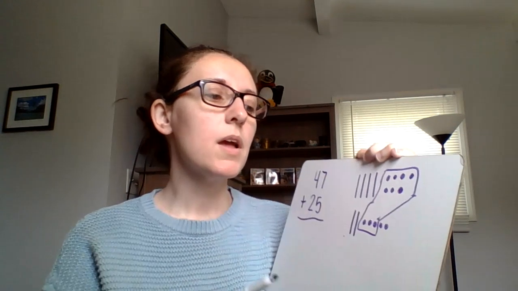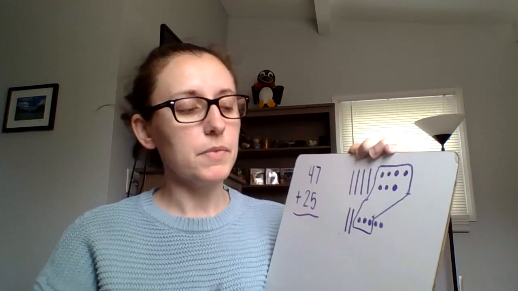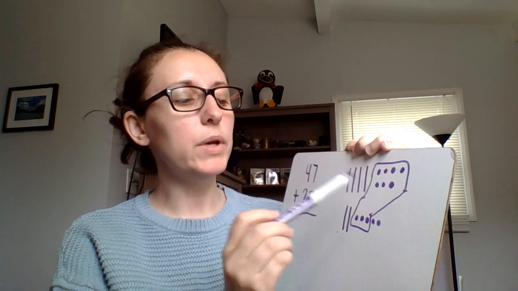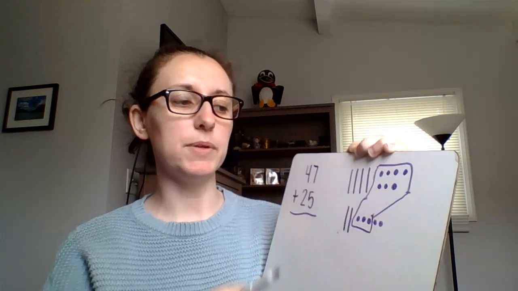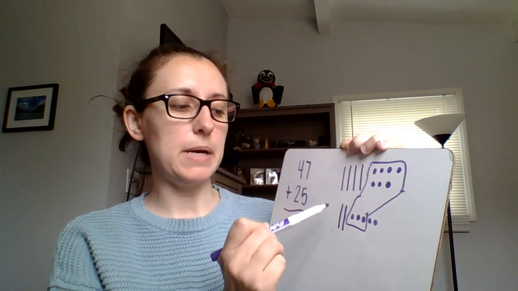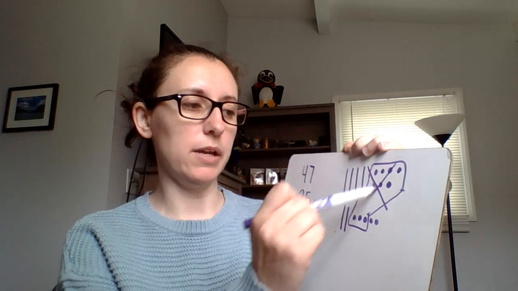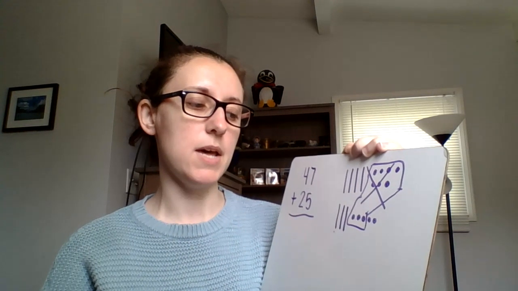I don't like the shape of that; that's the only reason I'm changing it. It just didn't look appropriate. So we have 12, and now we've grouped our 10. If I group my 10, I have to exchange it for a group of 10.